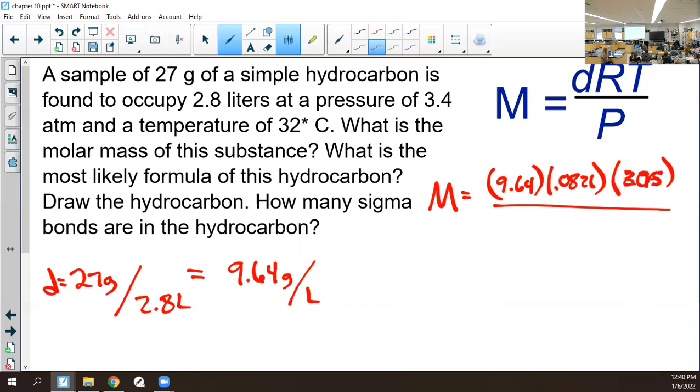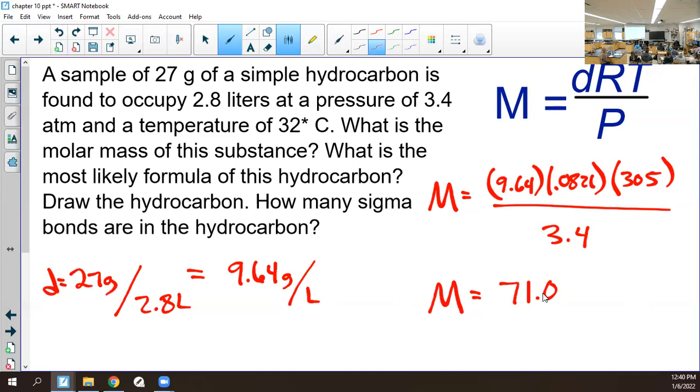That's why everyone was looking at me dumb. And I divide that by the pressure, 3.4. I screwed this part up, Davis. Okay, so I plug this in and M equals 71.0. Is that right?